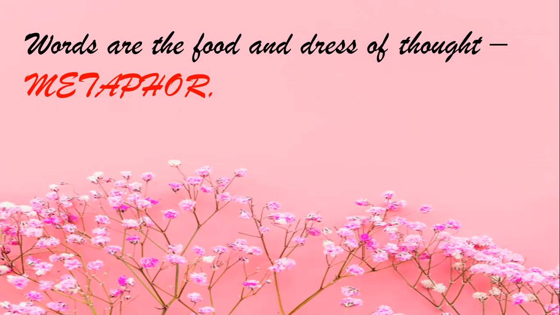I hope you all remember you have to number the line, leave a line, write metaphor, leave a line, put an explanation of why it is a metaphor. Over here, again, these words are compared to food and dress because we have written words are food and dress of thought. This is trying to show how important it is to give form to a thought, just like how food and dress are important for human beings. Okay.